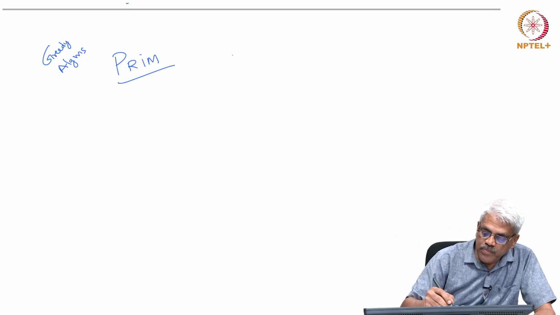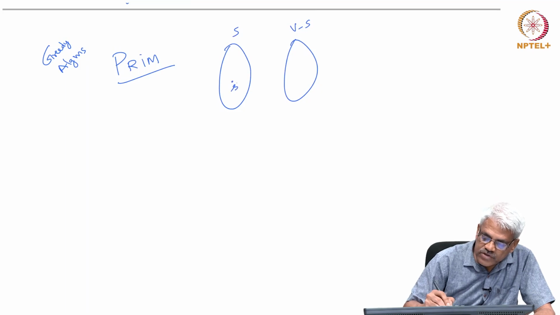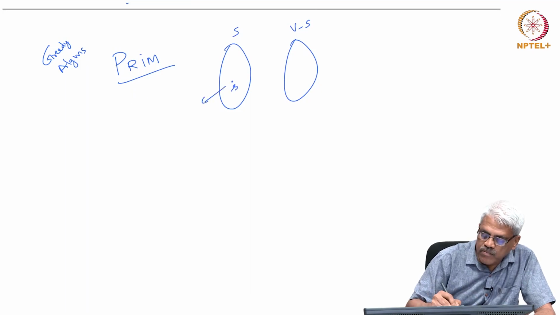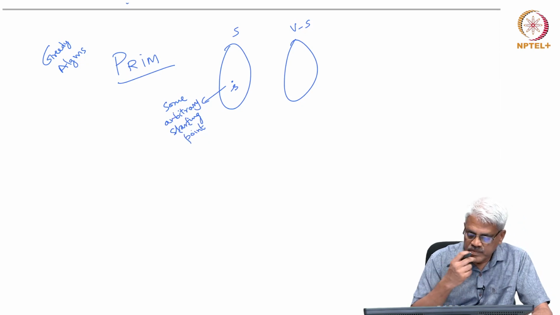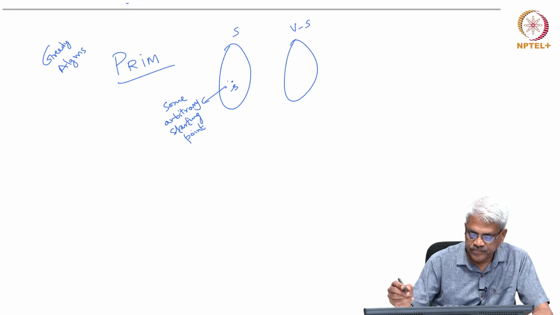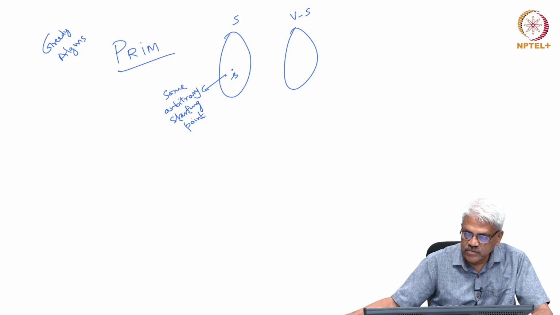At any point of time, again I have an S and V minus S, and S contains some arbitrary starting point. So, the algorithm goes like this, Prim's algorithm.